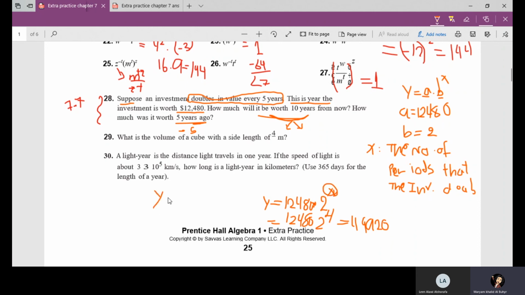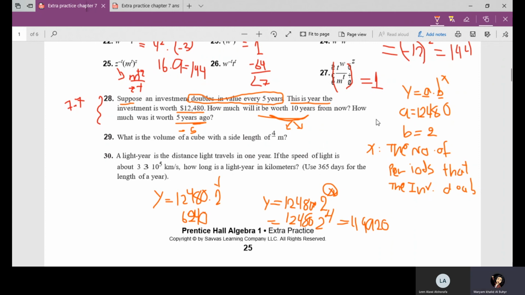Once you substitute -1, 12,480 times 2 to the power -1. Once you do your calculation like this, you will get 6,240.